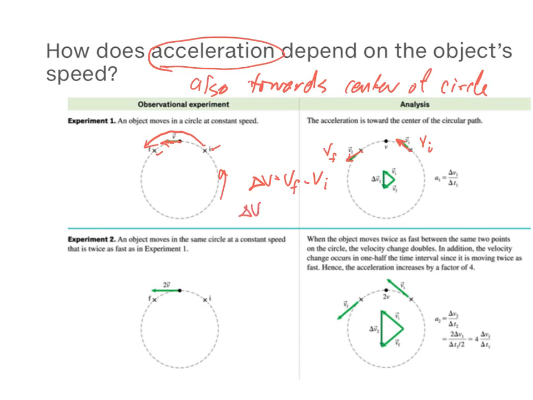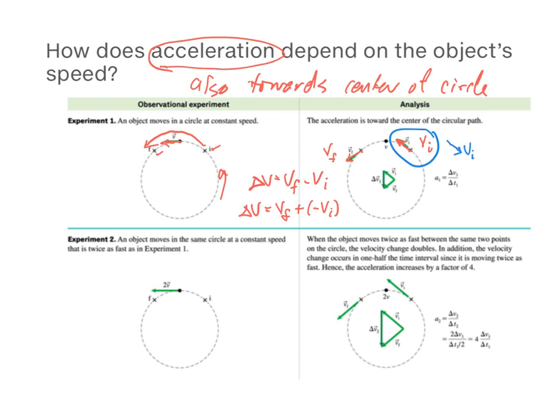So if I wanted to figure out what direction the delta V points, it'd be like adding a negative. So VF plus a negative VI. Well, with vectors, a negative just means you flip the vector around. So I would take this VI vector right here, and I would flip it around so it would be the same length but in the opposite direction.